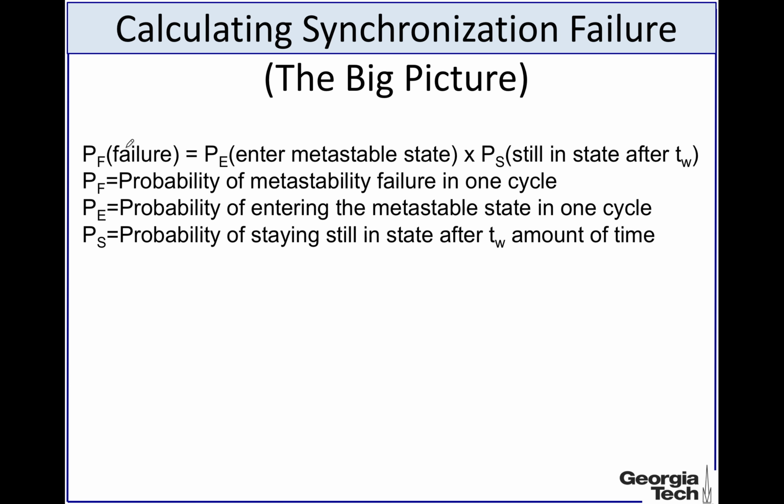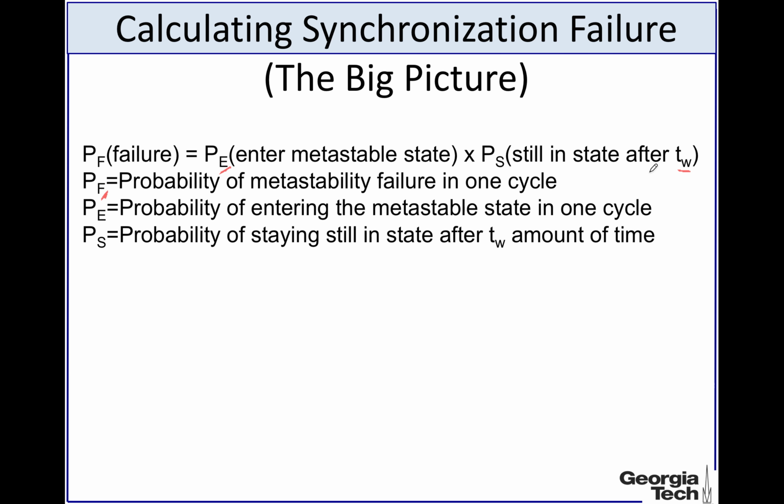The probability of failure due to metastability in one cycle is given by PF, and this PF is the multiplication of PE, the probability of the flip-flop entering the metastable state in one cycle, with the probability that the flip-flop will still stay in a metastable state during a time period of TW.